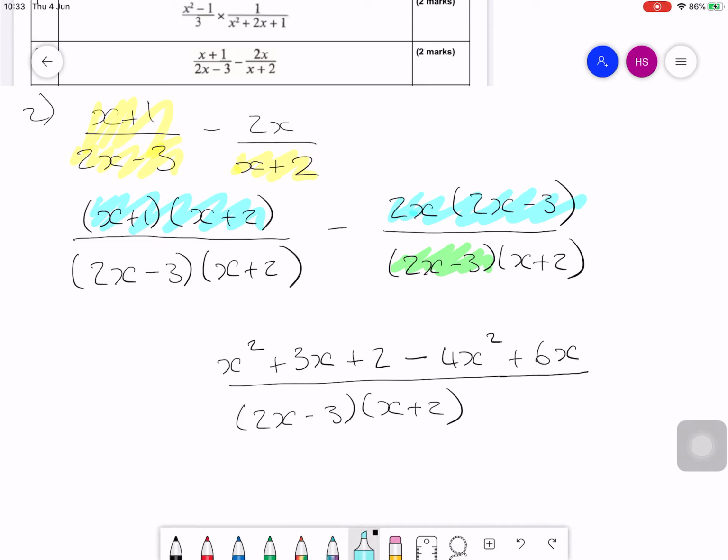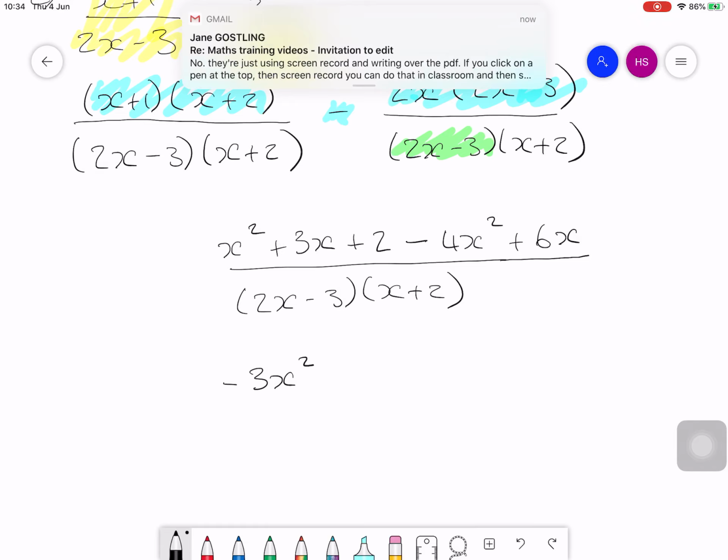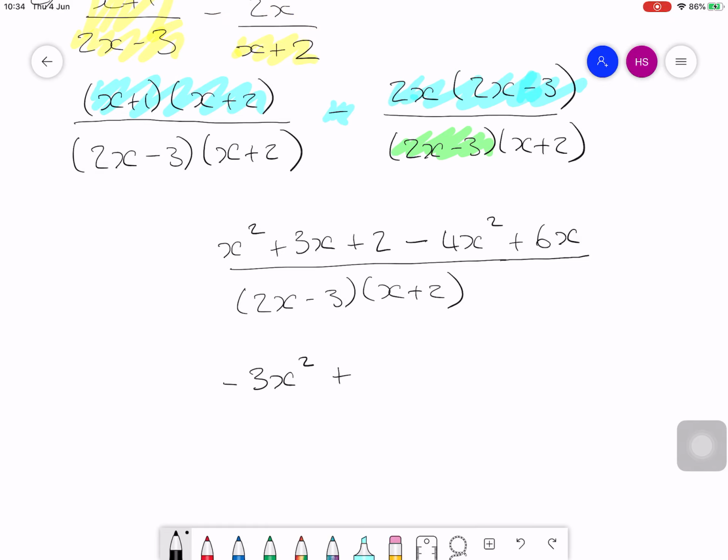So that's going to end up as plus 6x. So just be ever so careful with that minus, and then the minus in the brackets. Okay, so now I'm going to collect like terms. So I've got x squared minus 4x squared, I've got 3x plus 6x, and then the plus 2.